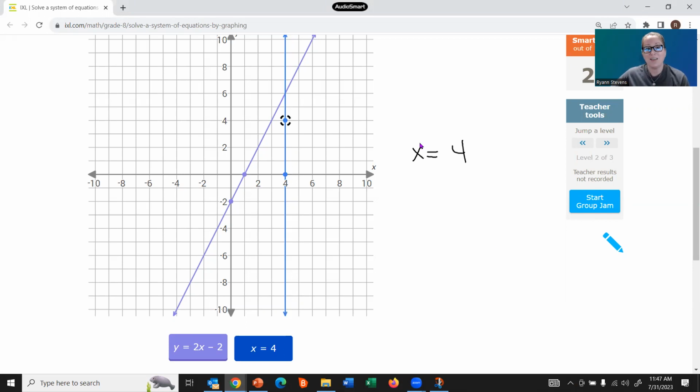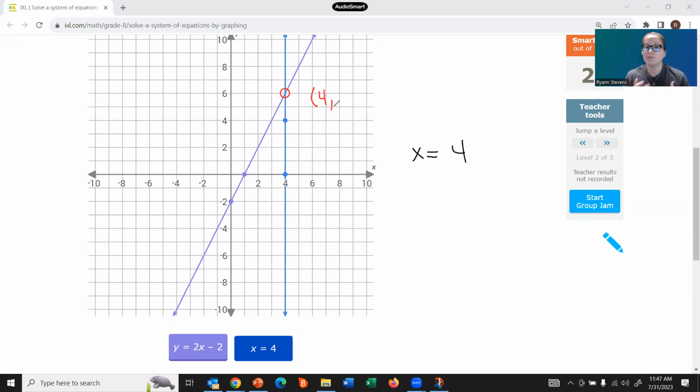So then once we've plotted this, we can see that the point where these two equations are going to meet is right about here. And so when we grab this ordered pair, our x is going to be 4, and we would know that too because the other equation is x equals 4, which means that for every point on that particular line, x is 4.